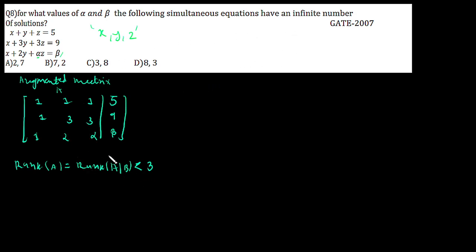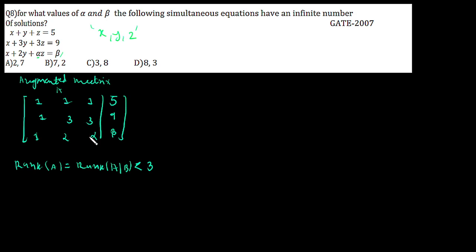And what does it mean? The rank is less than 3. That means at least one of the 3 rows is exactly 0 0 0 and 0. Then I am getting one independent variable, z in other words.